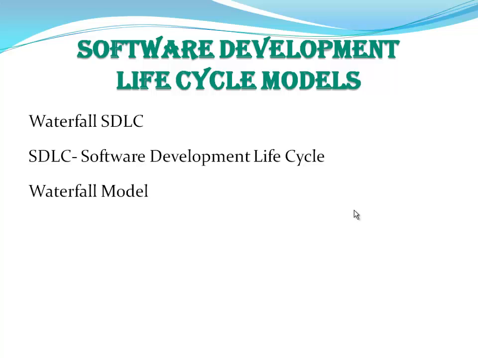So you may have heard about the waterfall model or the iterative model or the agile model, etc. It is a simplification of the overall process. Instead of specifying the entire software development process in detail, the process is abstracted so that only the major activities in the process are shown.